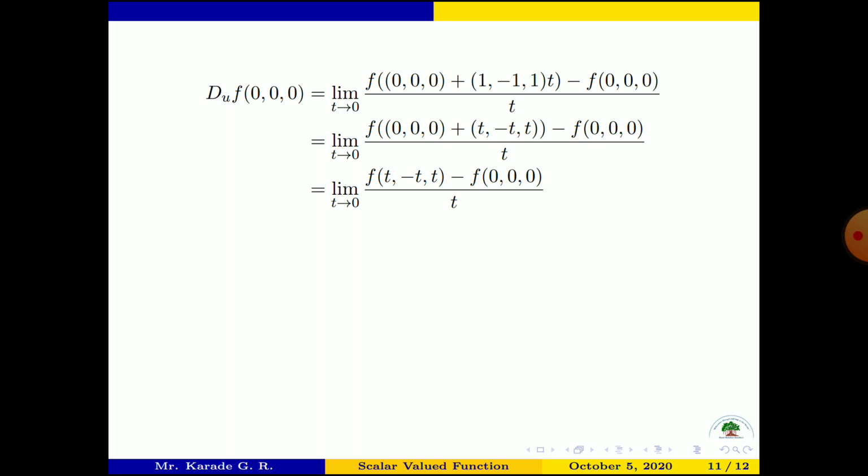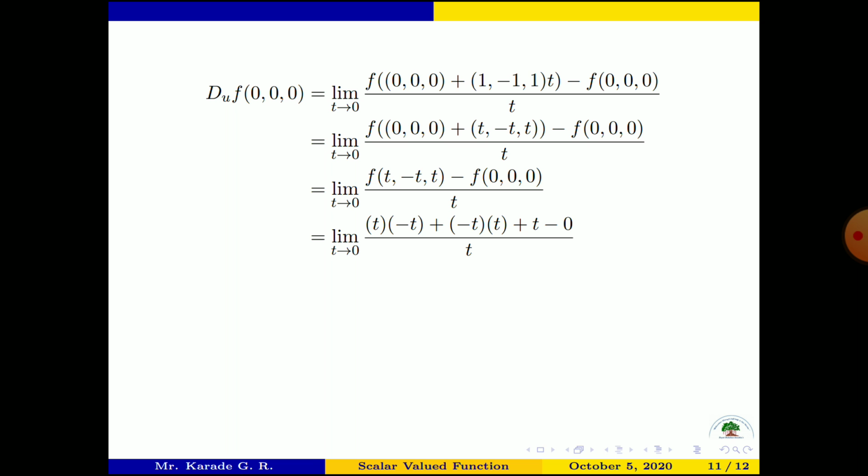And to find the functional value at point 0, 0, 0, put x, y, z all equal to 0 and see what we get. So in the first case we get t times minus t plus minus t times t plus t, minus 0, divided by t.